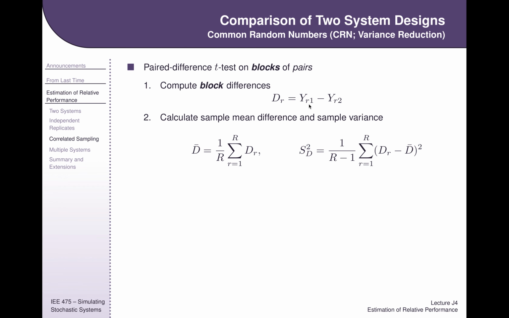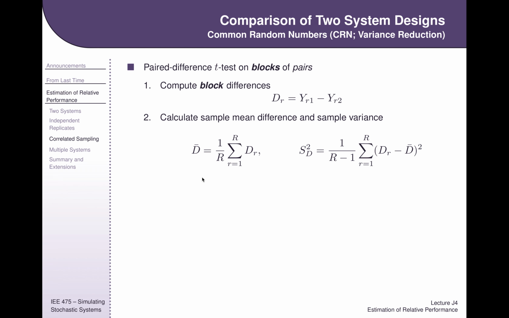And so, imagine you just take the block differences. So for system 1, every replication R, you subtract system 2's same replication R that's paired together. They have the same random number seed for that replication. And for different replications, there are different seeds, but for always the same replication number. And remember, we have the same number of replications on both. So for the replication index, we always have the same random number seed.